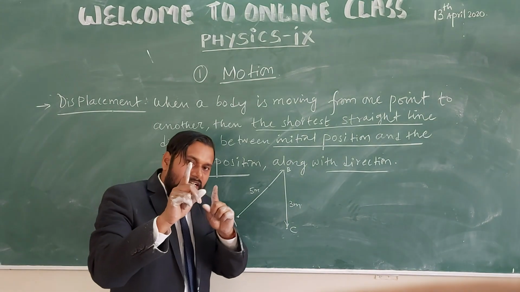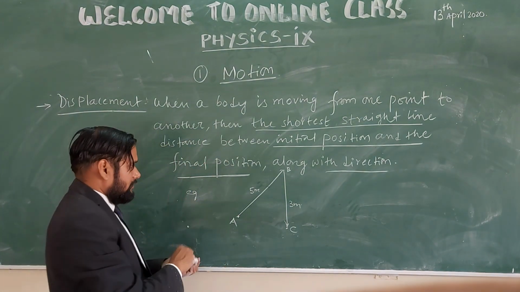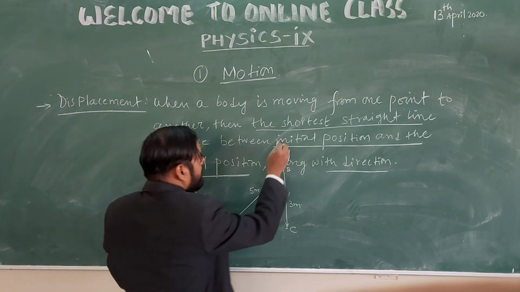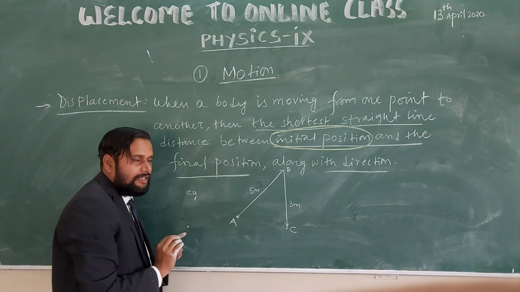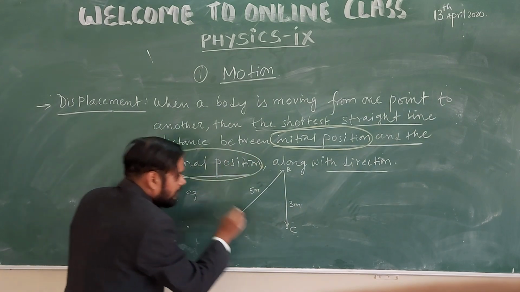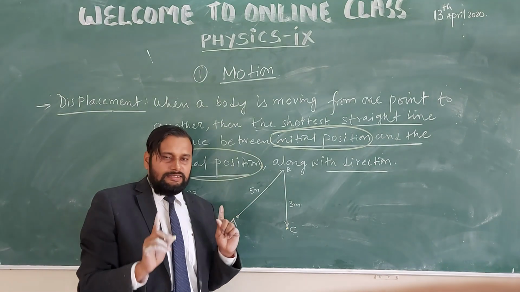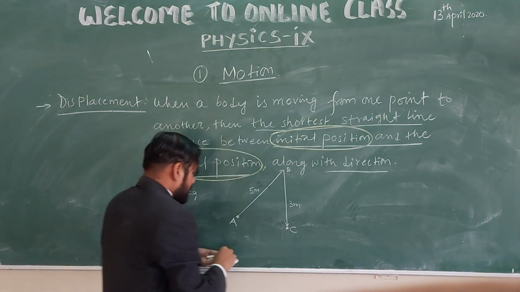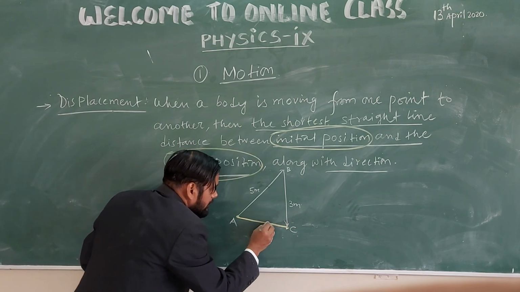But now we are defining displacement. So see, this is the initial position. Initial position is at point A, and the final position is at point C. So we have to draw a straight line, the shortest straight line.